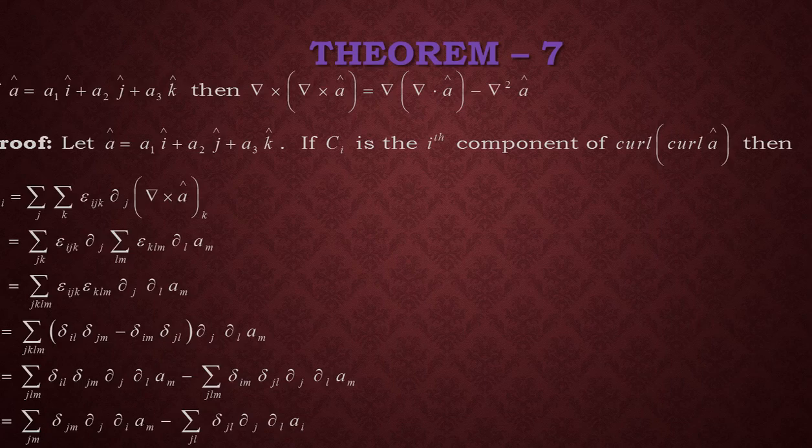After finding curl A cap, we get one vector field. We have to find out curl again of this vector field, curl A cap. Then we obtain curl of curl A cap, or del cross of del cross A cap.